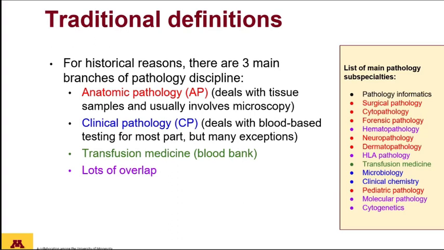And then I've highlighted here in purple, however, that there is lots of overlap, especially in the practices that cross over and do multiple studies on a single sample, such as hematopathology, transplant pathology, and molecular genomic pathology.